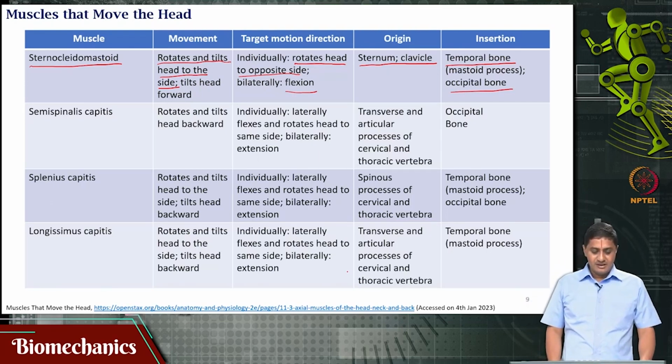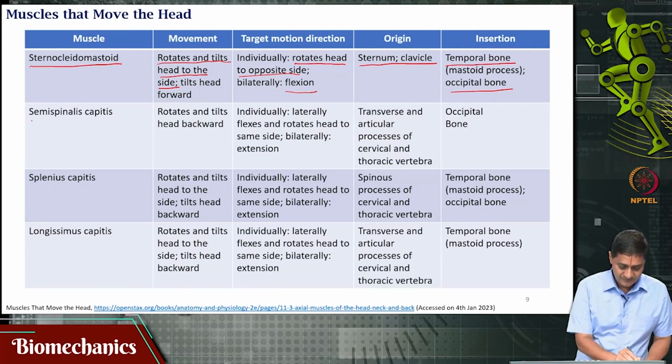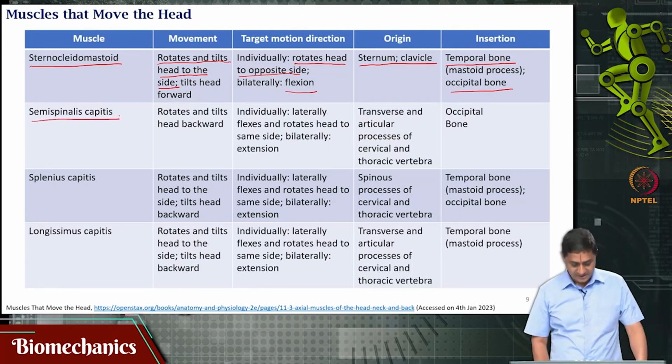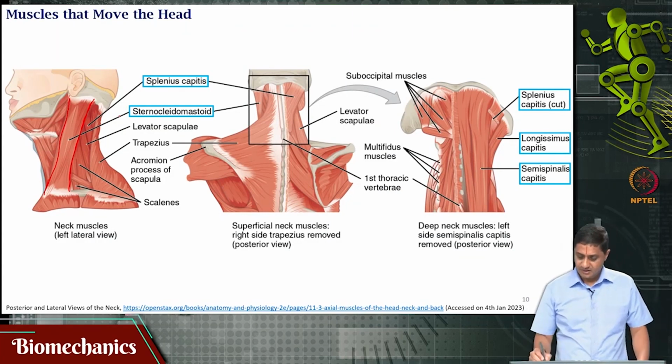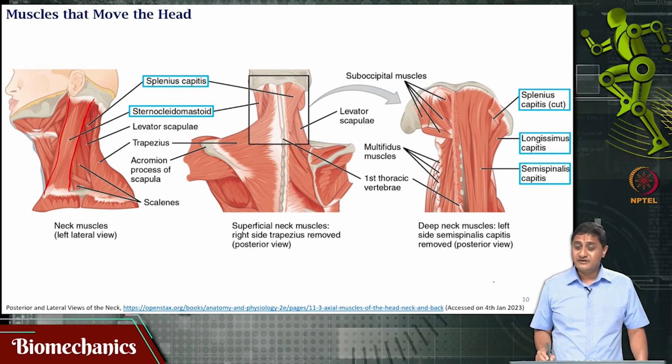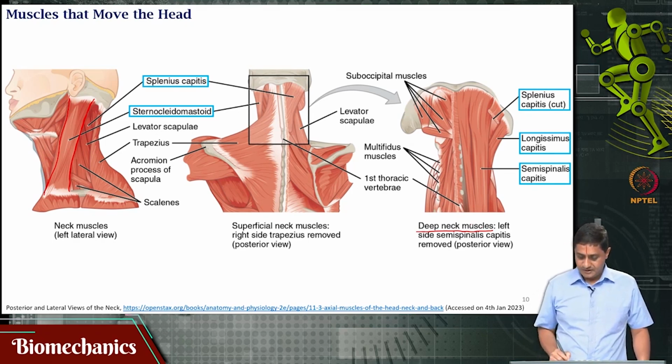Then you have the next muscle, that is semispinalis capitis, right. That is not clearly visible at the level of the neck. It is a deep muscle, difficult for me to show in my body, right.